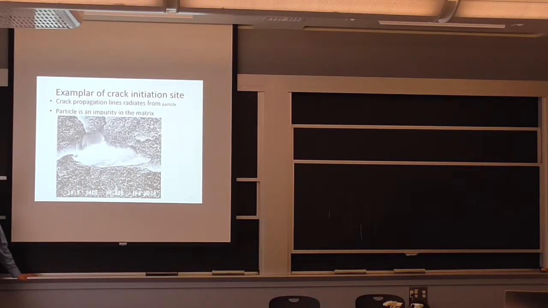Very, very small. If you have a specimen about this long, this big, one particle of 10, 15 micrometers is where the cracks started. So these plastics are very sensitive to notch effects.